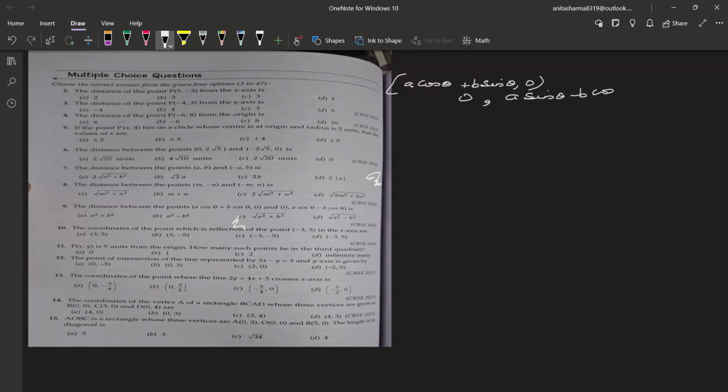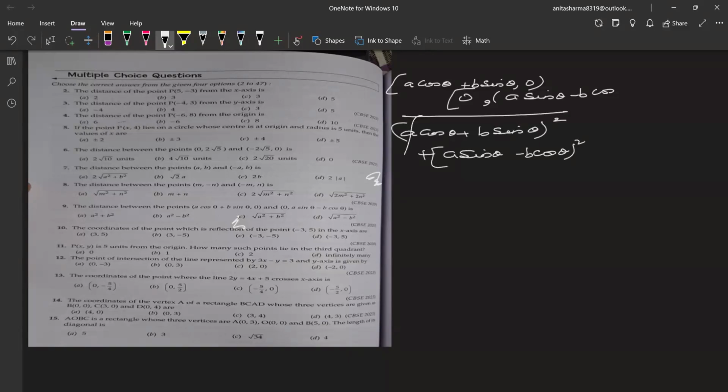So, see, 0 minus this will be. So, you can do like this only, shortcuts. A cos theta plus B sin theta whole square. Right, beta? Plus A sin theta minus B cos theta whole square. Correct? We can do like this. Now open it. A plus B whole square.